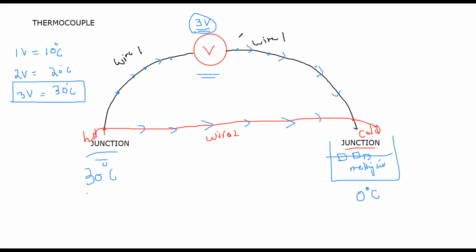How do I know this is 0 degrees? Because I placed melting ice, and the temperature of melting ice is 0. So the cold junction is placed in the melting ice, and the hot junction is located at a place where we are recording a temperature we don't know. It shows 3 volts, and 3 volts means a 30-degree change in temperature between the hot and cold junction. So the cold junction at 0 means the hot junction will be at 30 degrees.